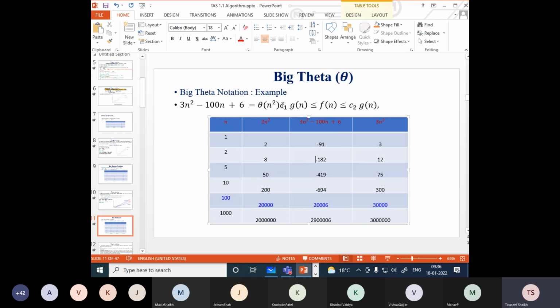Yes, so this condition is satisfied, but this other condition is not satisfied. So I will keep on increasing the value until I reach a particular point where I put n equal to 100.